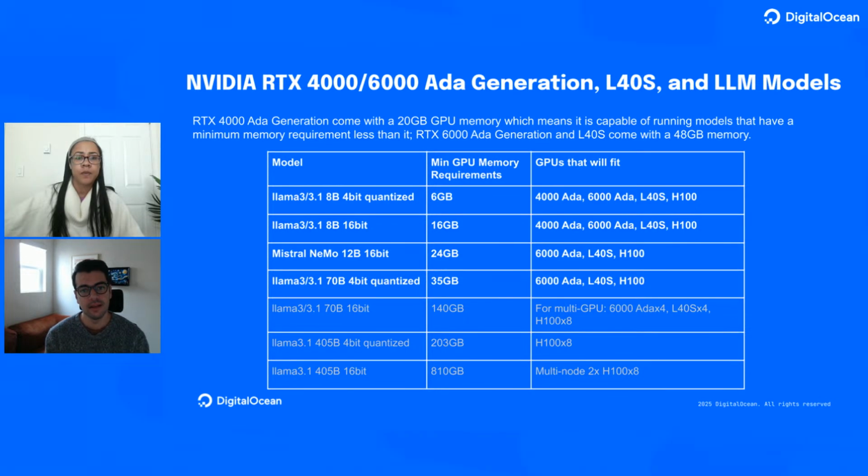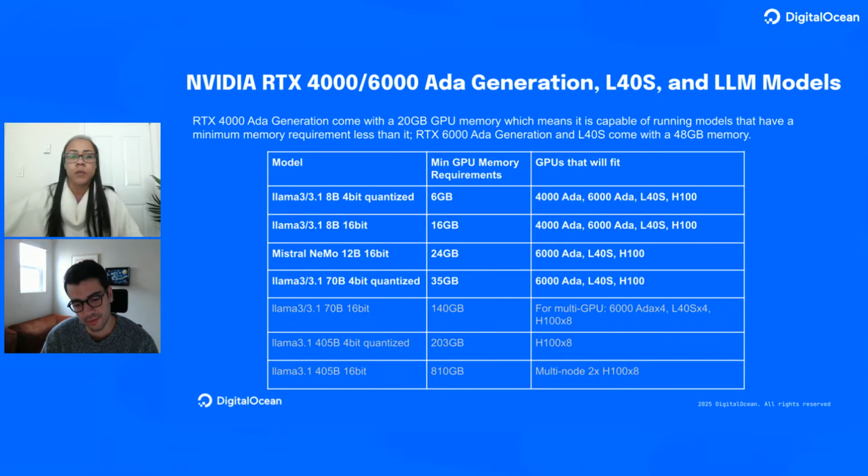Yeah, so we try to capture some of the common large language models out there, their minimum GPU memory requirements, and some of the GPUs that you can use from the DigitalOcean GPU portfolio to run these models.